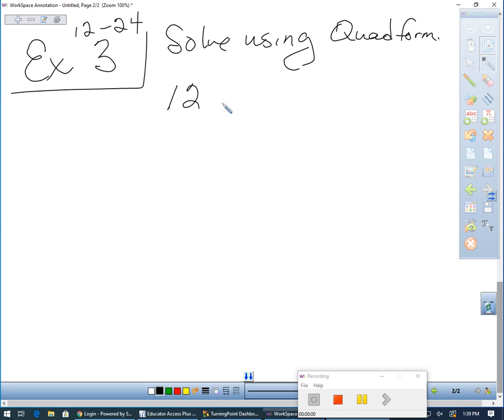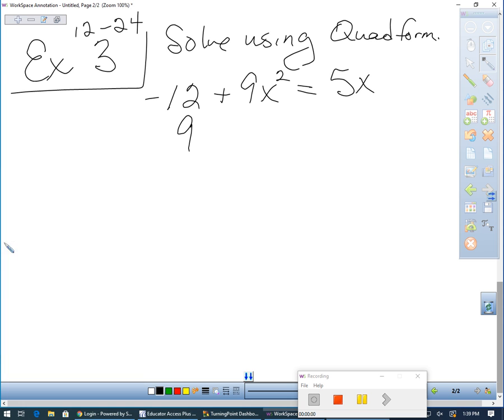How about 12 plus 9x squared equals 5x? Okay, let's move the 5x over. Then don't I want to put it into standard form at the same time? Let's make this a negative 12 in front.